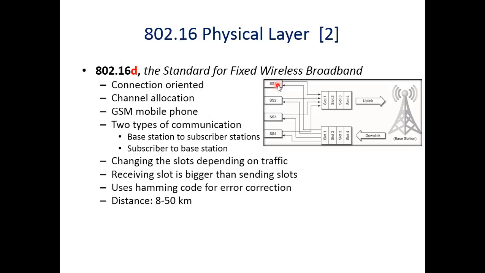Meaning if the traffic is not much, then more channels or slots are assigned to a particular subscriber. If the network contains more traffic, then the channel slots will be reduced. So that is based on the traffic availability at that particular moment of time. Normally this is the receiving slot, and this one is the sending slot.